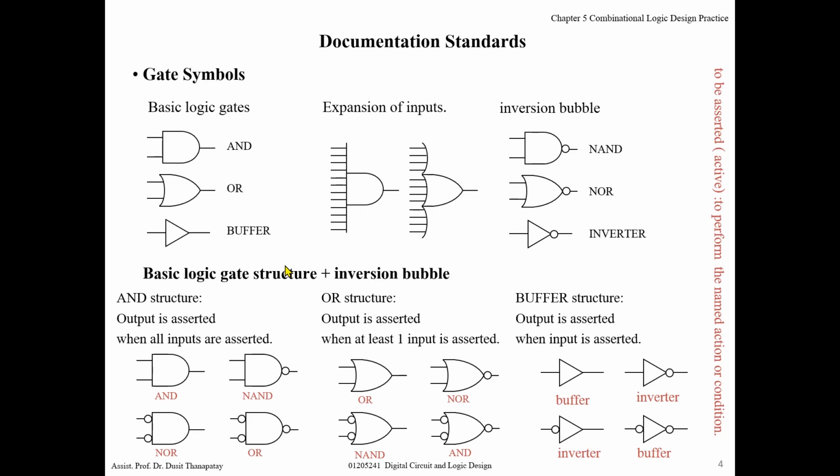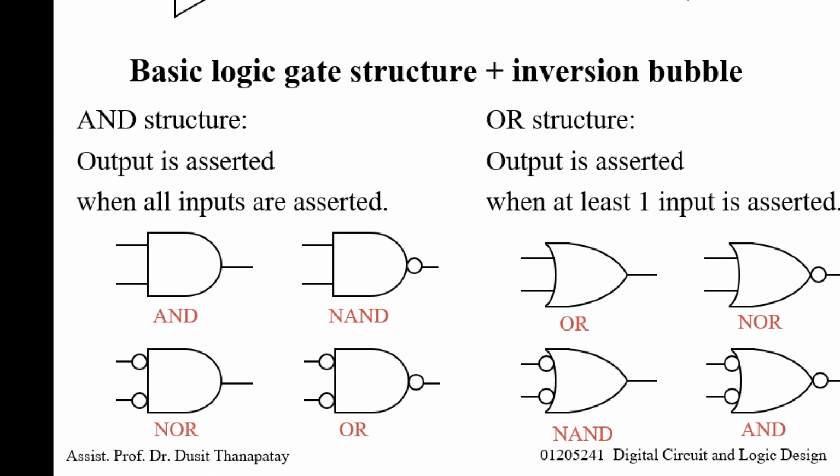So for this one, consider it very, very important. For the AND function, normally the output will be 1 when both inputs are 1, right? But from now, you must be able to consider the AND function as: the output will be active, or asserted, when both inputs are active.